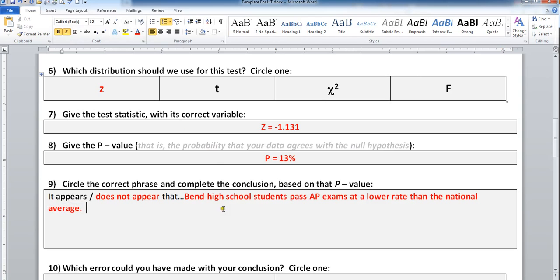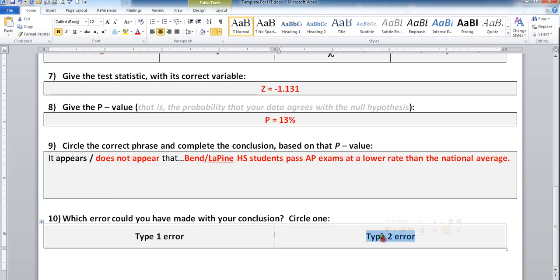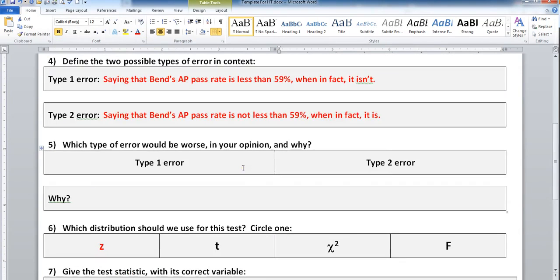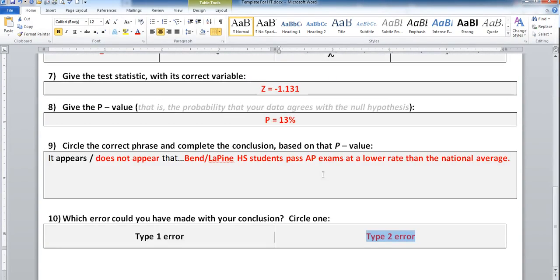Actually, I should put Bend High School students. So there you go, Bend-Lapine students. And you could make a type 2 error. You could say that you basically said it's not less than 59% when in fact it is. The chance of a type 2 error is a totally different ball of wax. We'll get into that in about a week. So there's your quiz. That's 10 points for you right there.